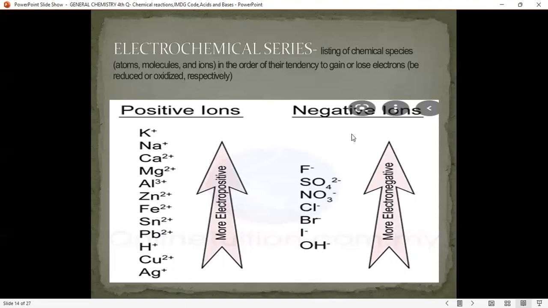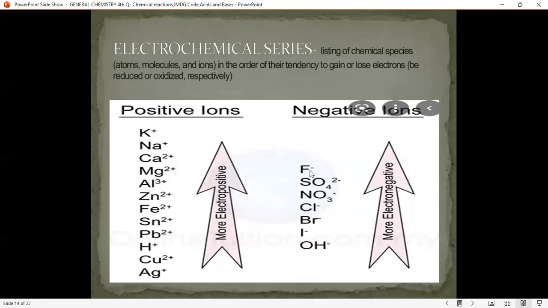Okay, next here is with regard to non-metals, because as we go back to our previous slide, we will be able to see that in single replacement or displacement, we are also dealing with non-metals. So this is the sequence of elements, ions, or molecules which are more electronegative, meaning they have a higher tendency to gain electrons in their nuclear structure.